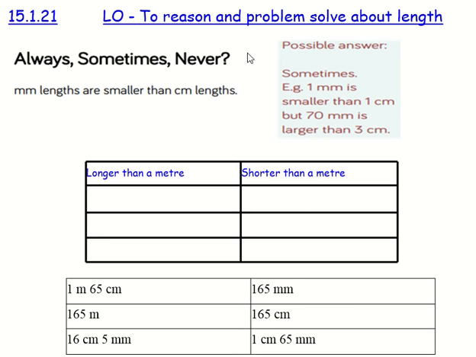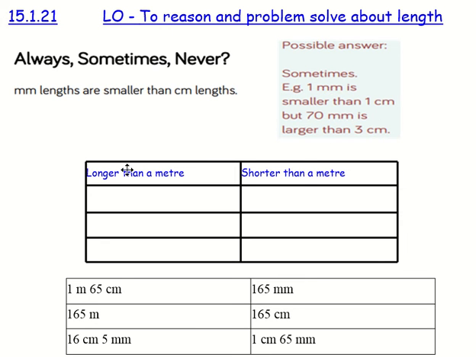Have a little think. Possible answer. So sometimes, for example, 1 millimetre, a tiny one, is smaller than 1 centimetre because 1 centimetre's got 10 millimetres in it. But 70 millimetres, which would be 7 centimetres, is larger than 3 centimetres.